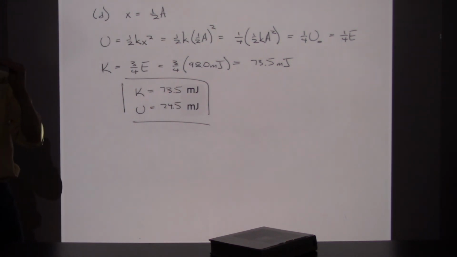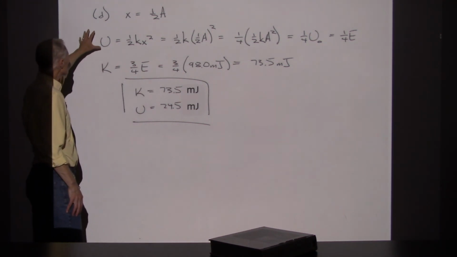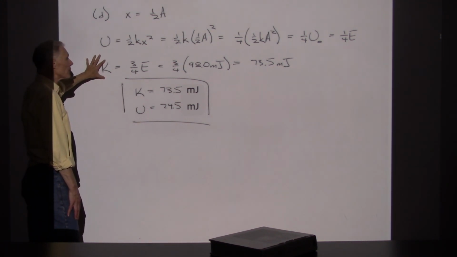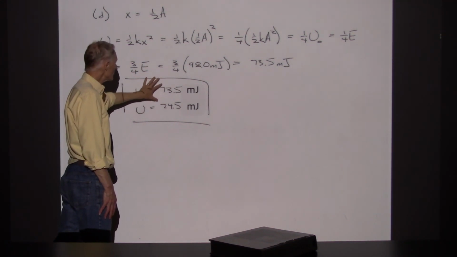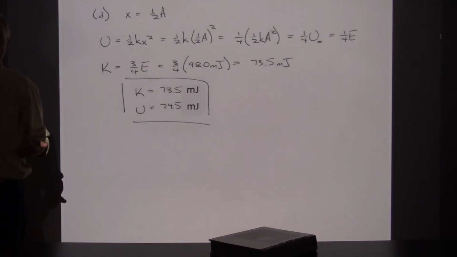When the displacement is at half amplitude, 1/4 of the energy is potential, and that says that the kinetic energy must be the remaining 3/4. This is how the energy would be divided up. Now, if you think about it, 5 centimeters is the half amplitude. They ask us kind of the same question in part C and in part D.